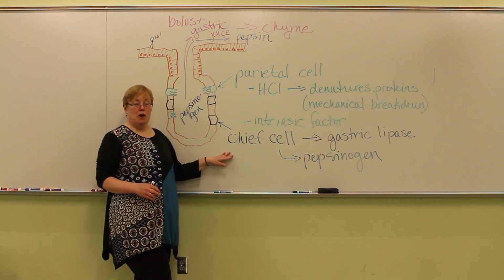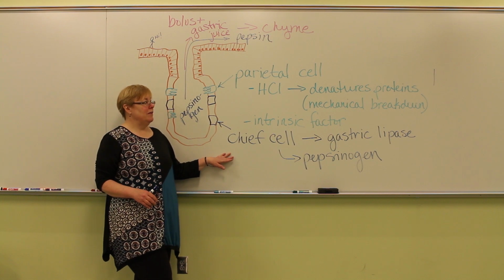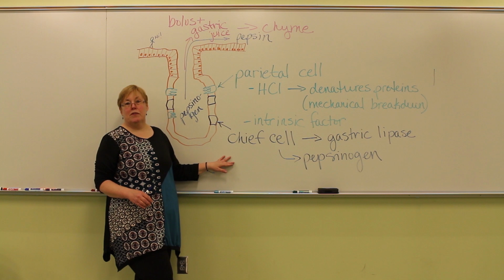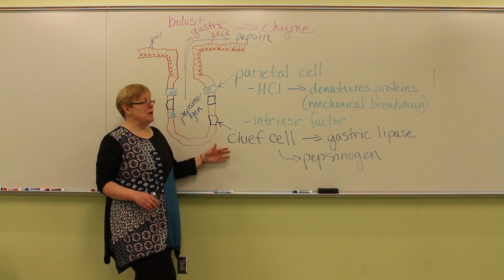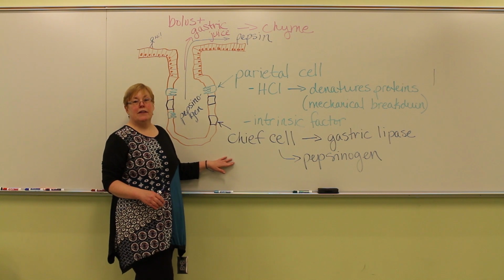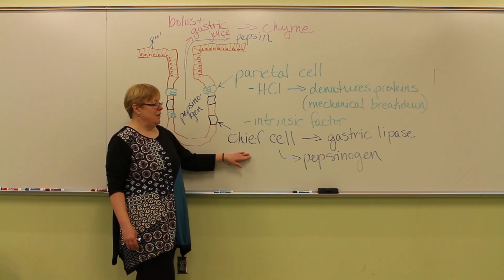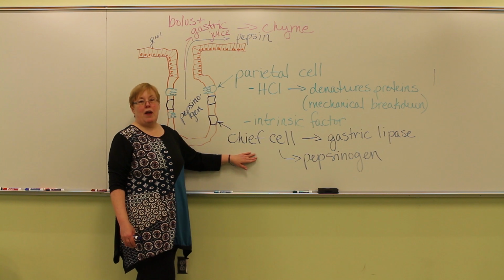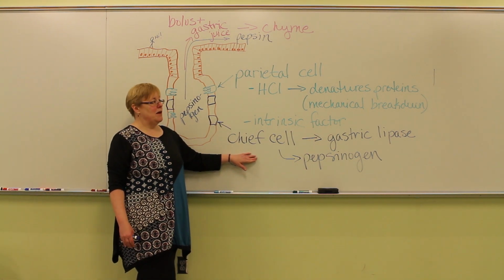Now, there's no carbohydrate digestion that happens here because one of the proteins that gets denatured when it comes into the stomach is salivary amylase. Because that enzyme is denatured, and we don't have an enzyme that is produced here that digests carbohydrates, we don't have any carbohydrate digestion here in the stomach.